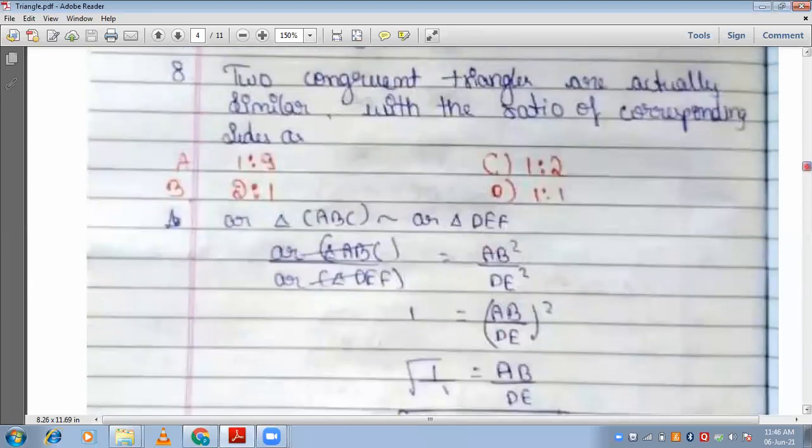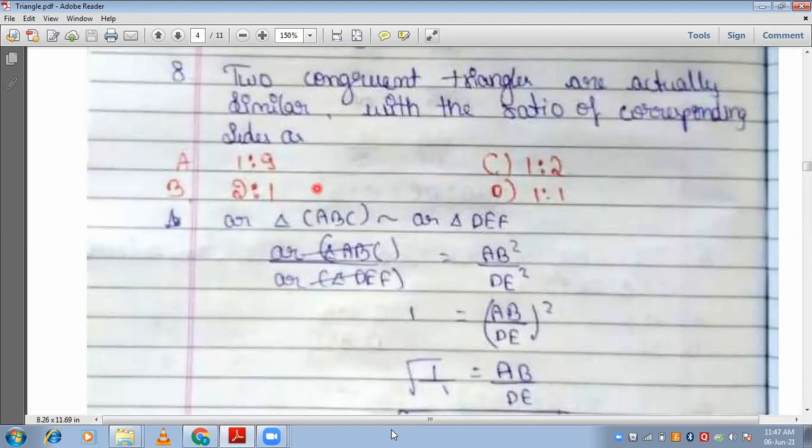Next, 10th question. Two congruent triangles are actually similar, with the ratio of the corresponding sides as dash. The given two congruent triangles are actually similar. So triangle ABC is similar to triangle DEF. You need to find out the ratio of the corresponding sides.